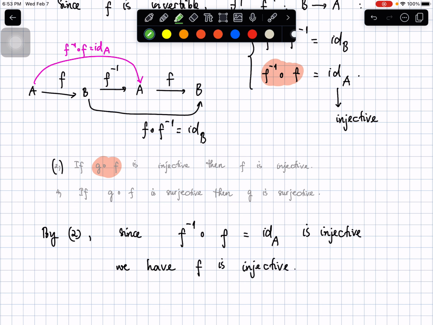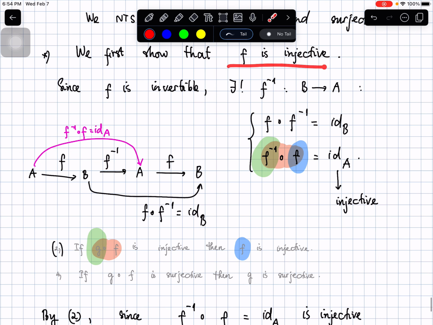Maybe I should say a bit more. Look here, f inverse plays the role of g, and f is f here. That's what this theorem 2 says. So f is injective. That's the first part. We showed that f is injective.